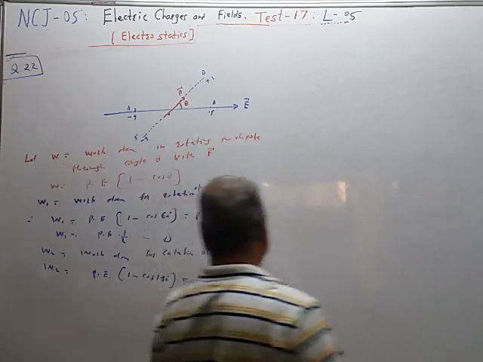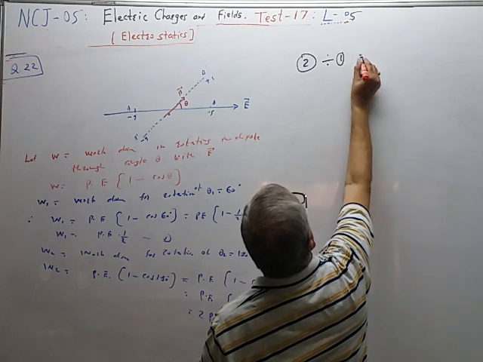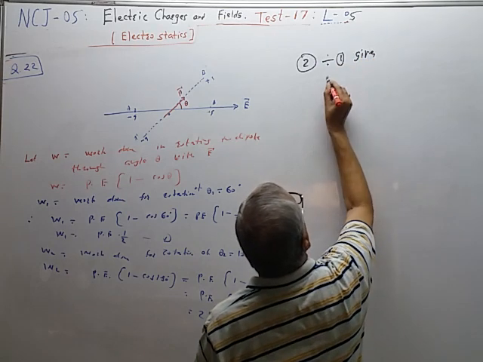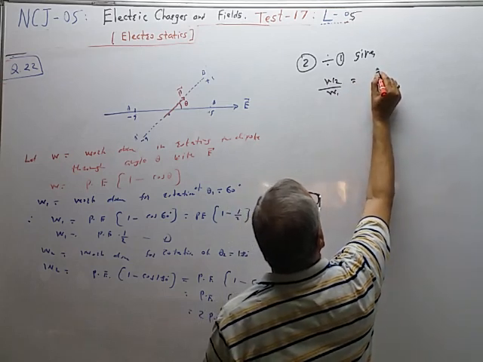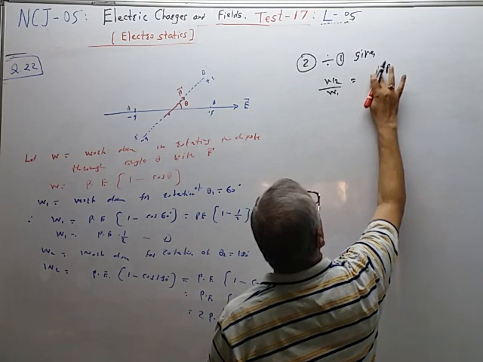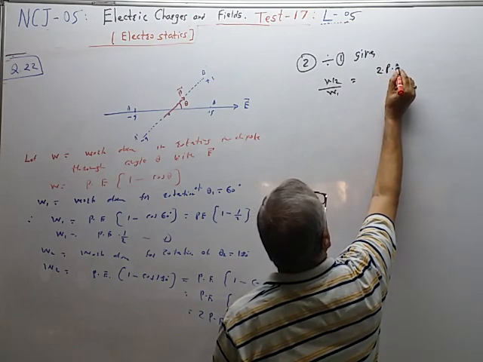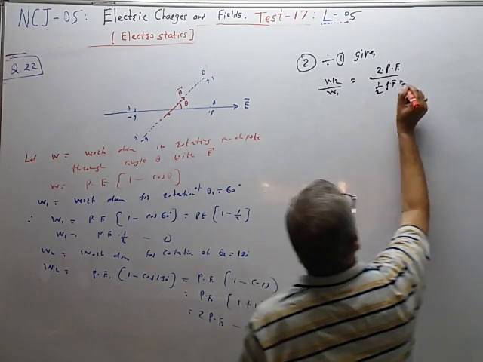So divide 2 by 1. 2 by 1 gives W2 upon W1 is equal to 2 times P E divided by 1 half P E, P E cancel.